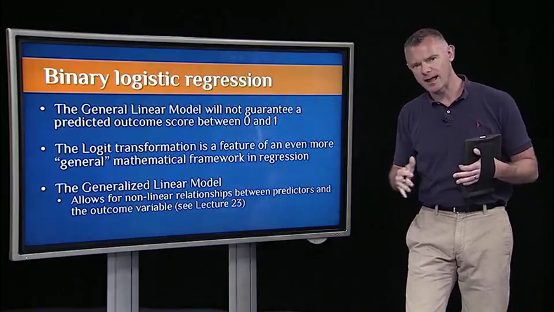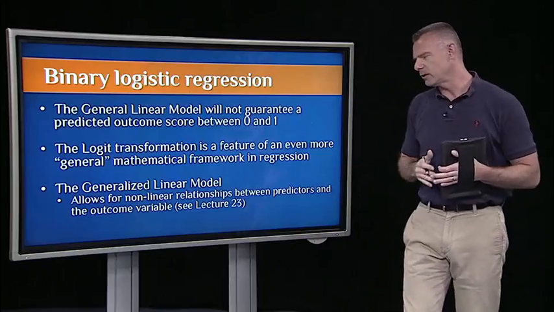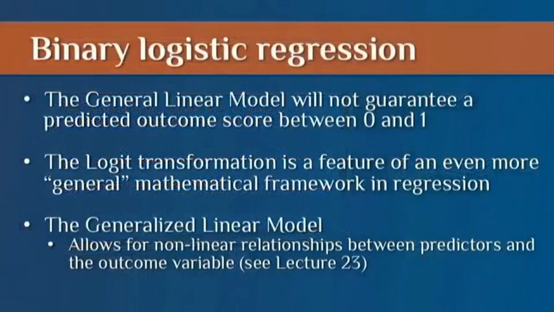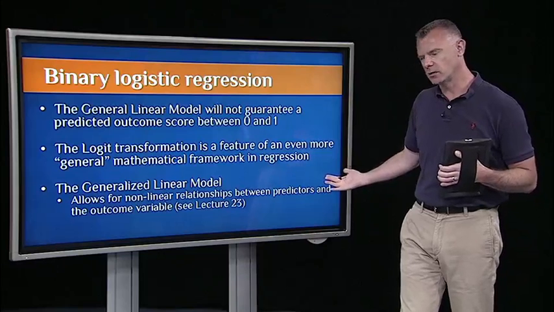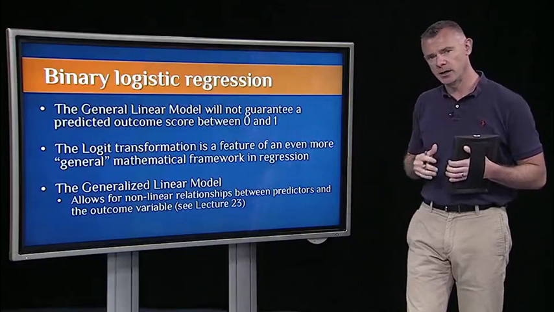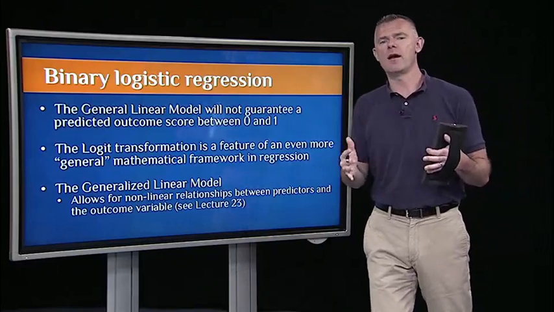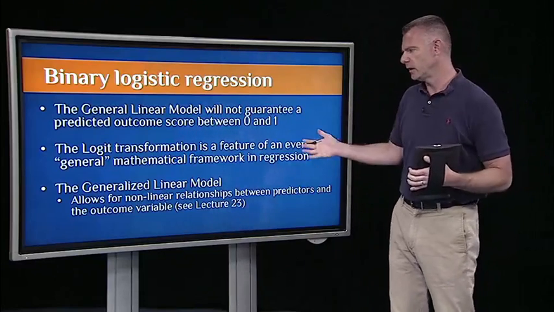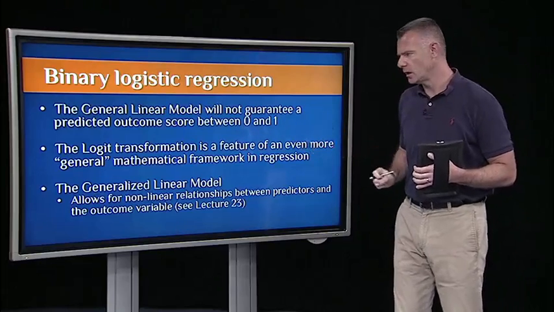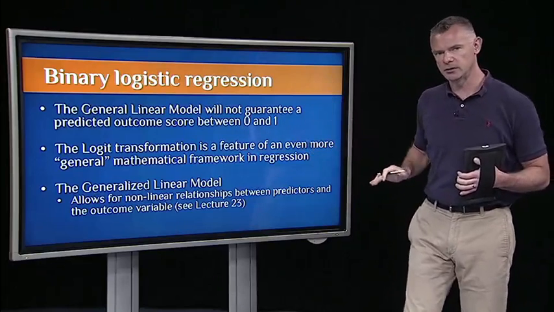It's called the generalized linear model, which allows for lots of different nonlinear models to be tested in the context of regression. And we're going to cover the generalized linear model in more detail in lecture 23 next week when we talk about the idea of testing all sorts of nonlinear relationships. Here I'm just presenting it first in the context of binary logistic regression.